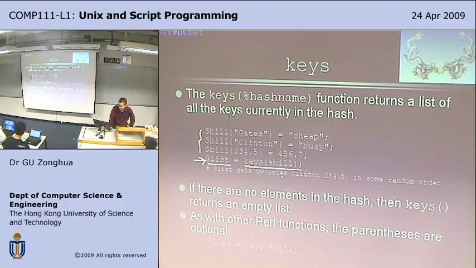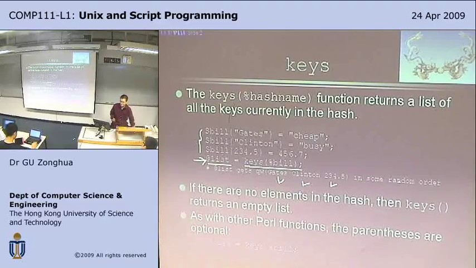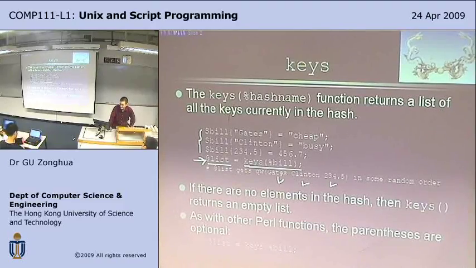So you get all the keys: Gates, Clinton, and 234.5 in some random order, because hash variables' key value pairs are not ordered. You cannot control the order that the keys appear in the resulting list. If there's no elements, then keys returns an empty list. Parentheses are optional.